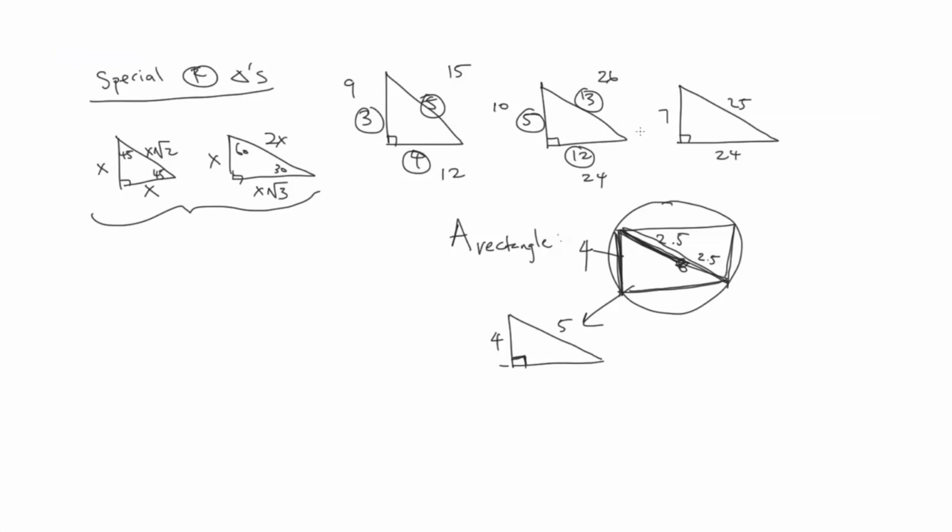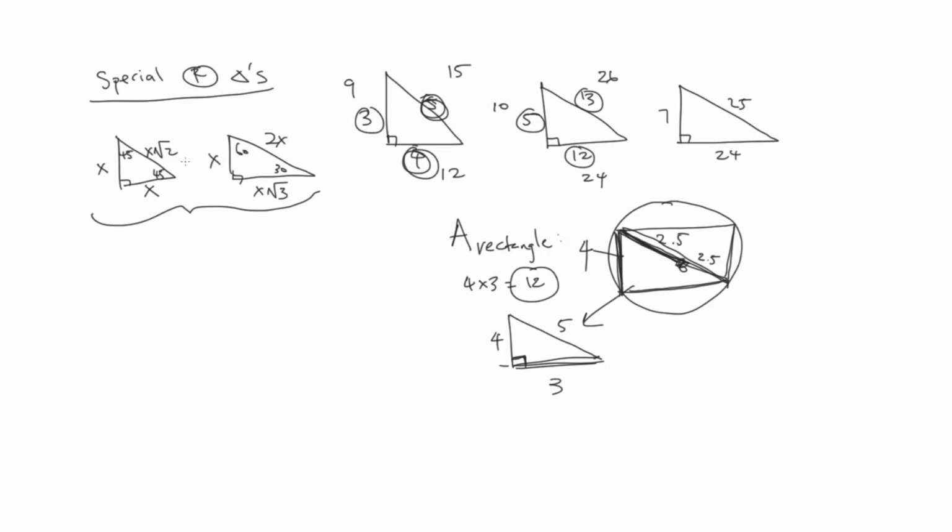Take a look at which one of these would help most. We have a ratio of 4 and a hypotenuse of 5, so this automatically would be 3. So to find the area of the rectangle would just be base times height, or 4 times 3, which would be 12. So it really eliminates having to do a lot of algebra work or a lot of guesswork. Just make sure you know these ratios and you should be good.